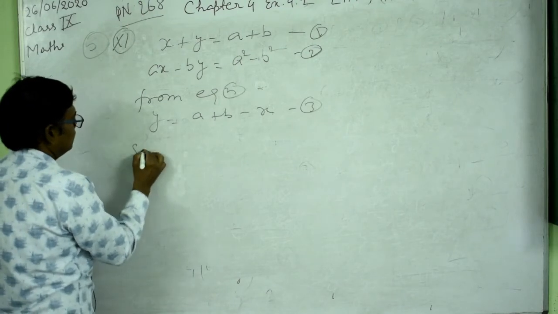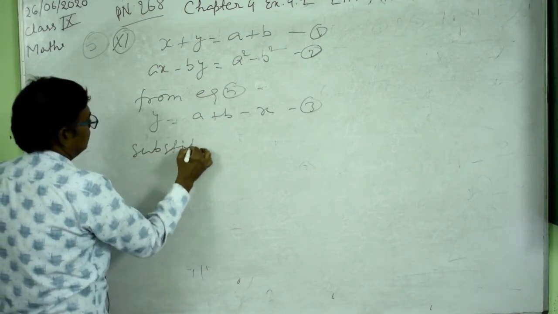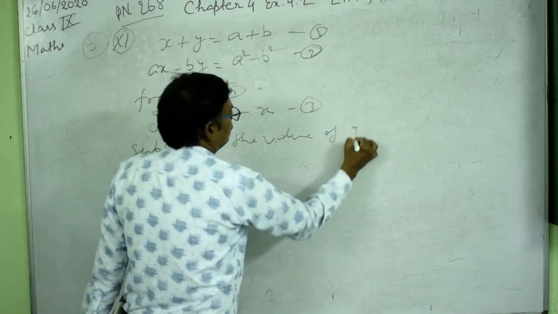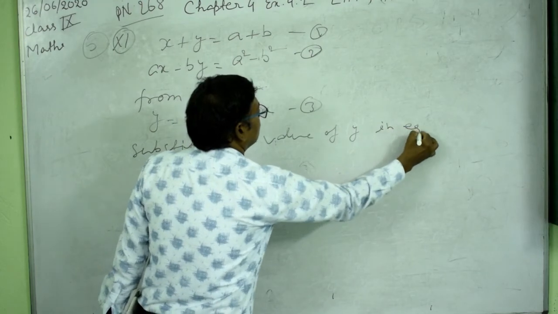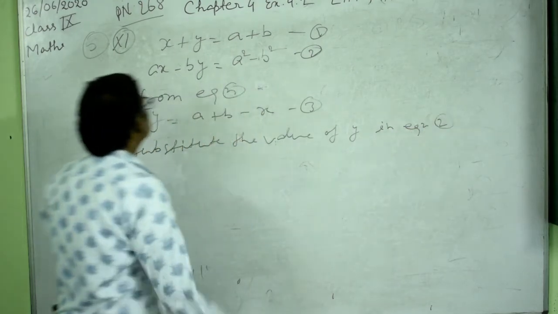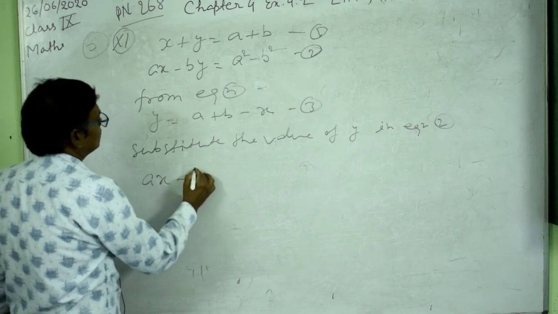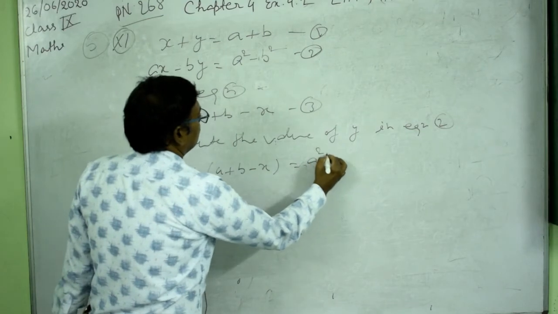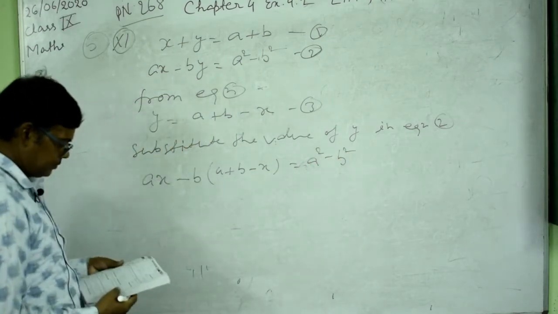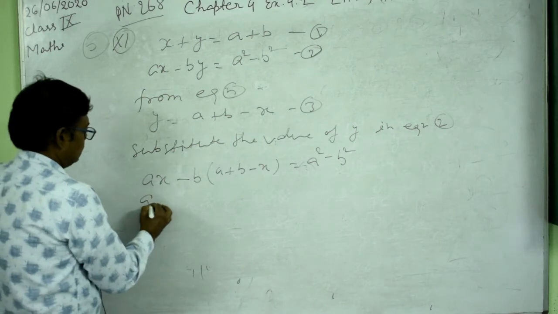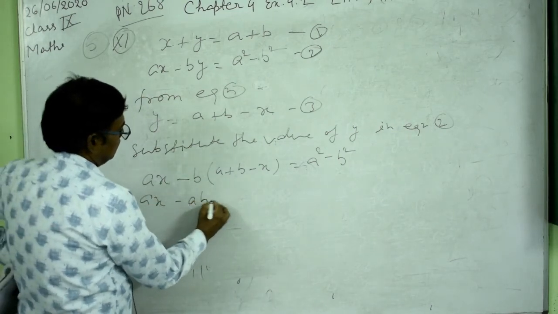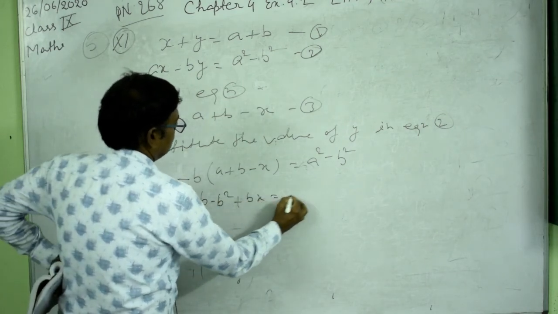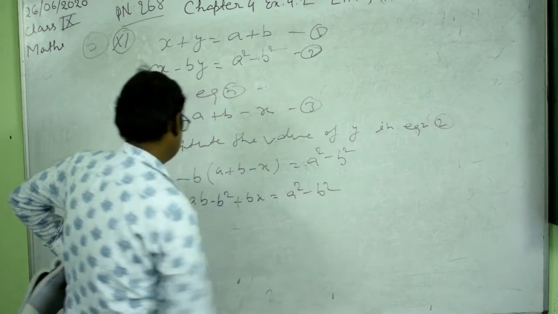Then substitute the value of y in equation 2. Then you have ax minus b into a plus b minus x equal to a square minus b square. Okay, so you have ax minus ab minus b square plus bx equal to a square minus b square.